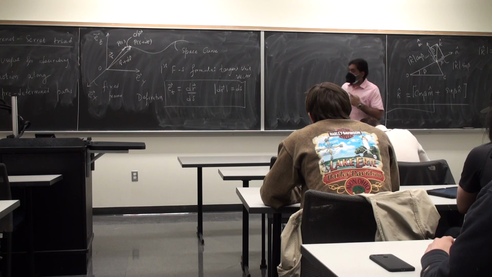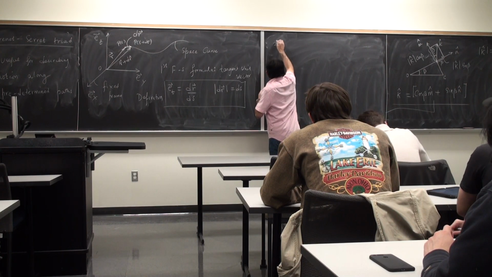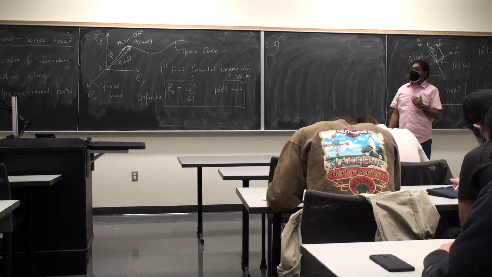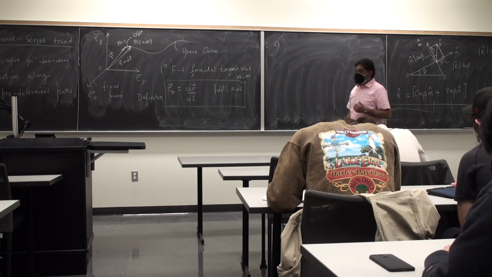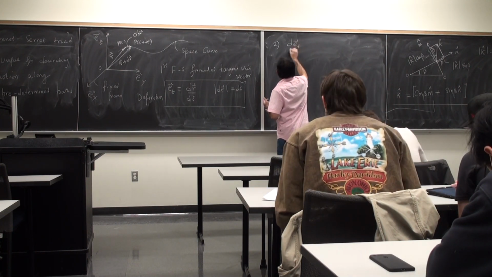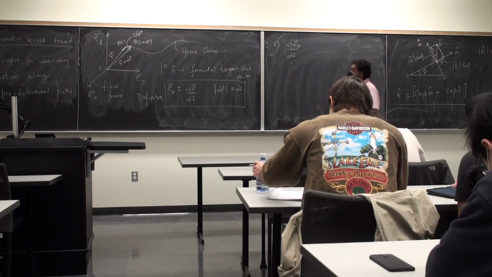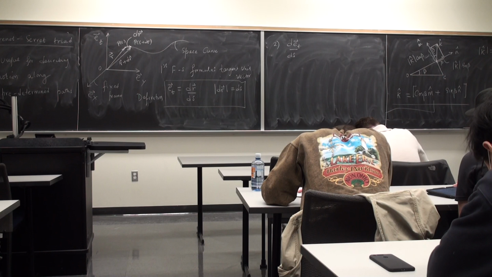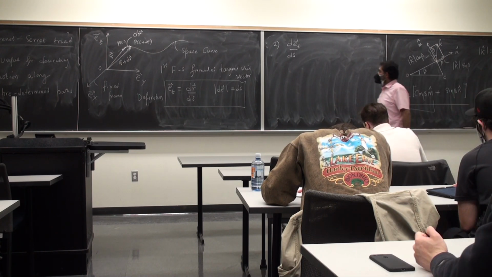The second one I'm going to say is the following. I'm going to look at the variation of the tangential unit vector as a function of the space curve, det by ds, which is a variation of this unit vector as a function of the position along the space curve.